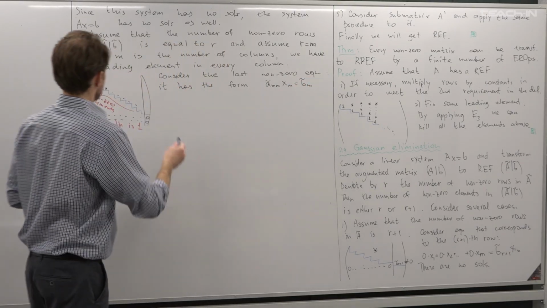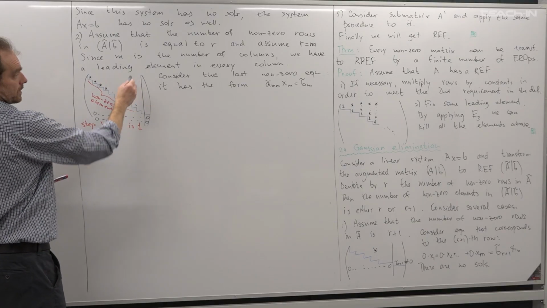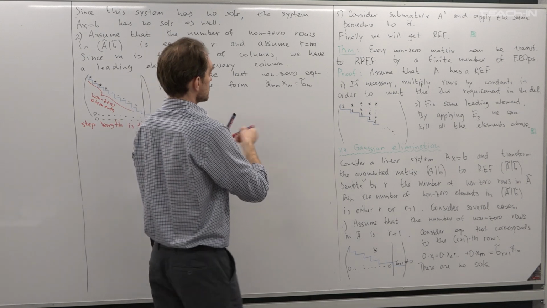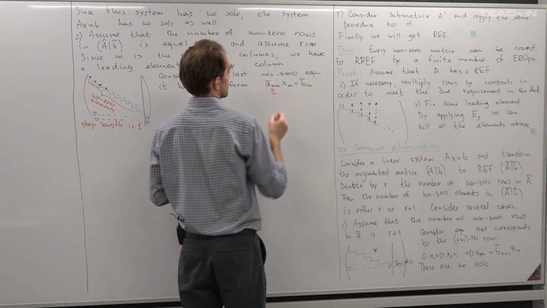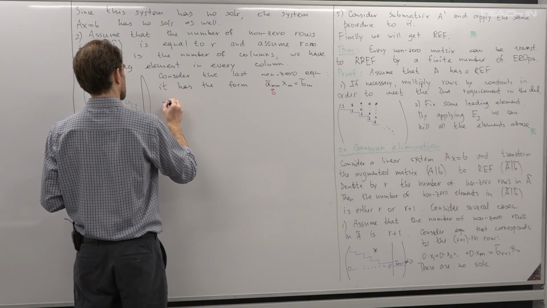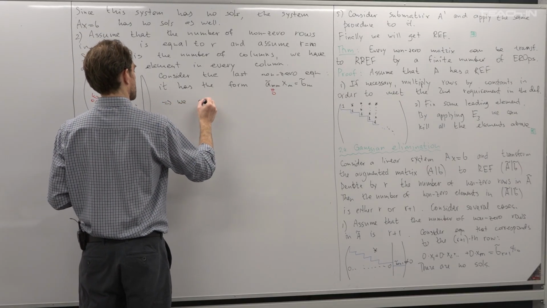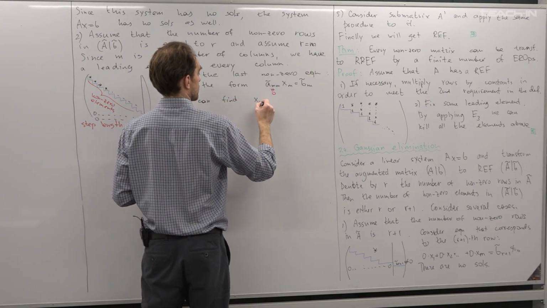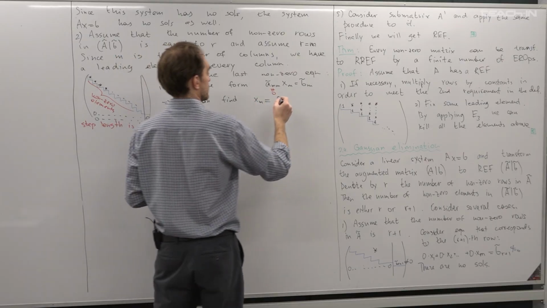Just because here the number of rows and columns are the same. So this equation has this form, and we know that this element is non-zero. So we can find xm by dividing by this coefficient.